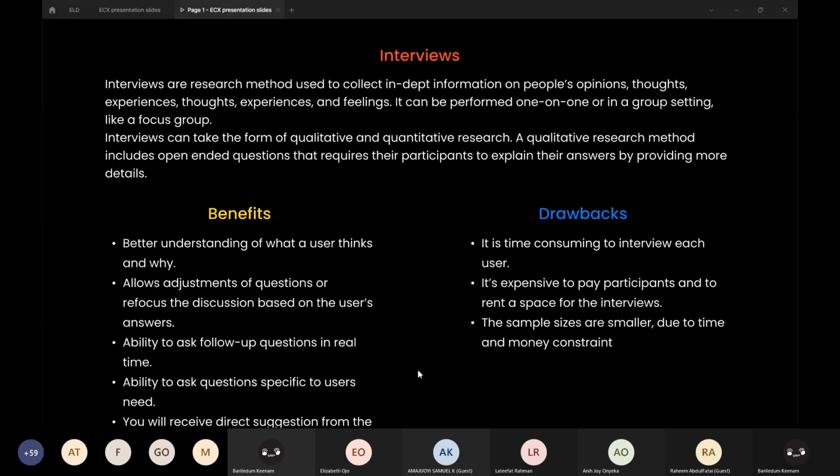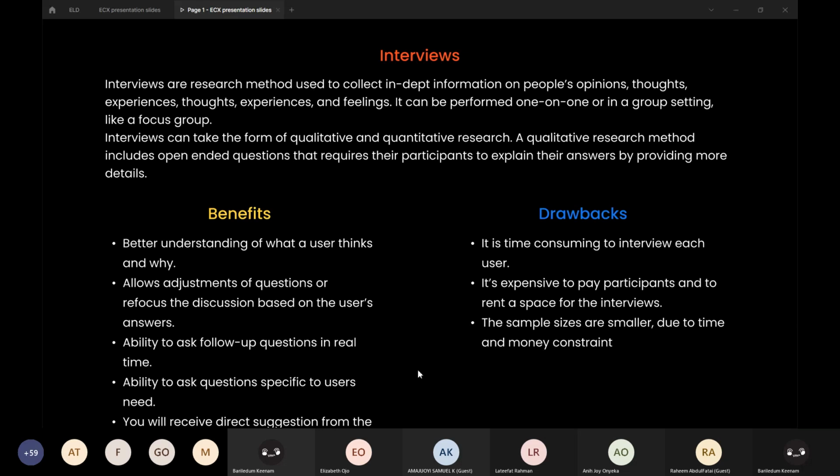Sometimes getting a place or location to interview participants can be very tough. Sometimes you have to pay for the venue and give your participants souvenirs, sometimes food, to thank them and show appreciation for their time. So it can be expensive to pay participants and to rent a space for the interview.